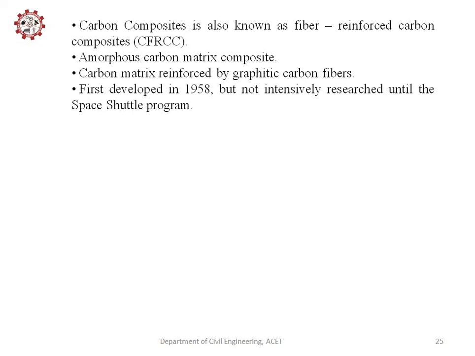Carbon composites are also known as fiber reinforced carbon composites, amorphous carbon matrix composites, carbon matrix reinforced by graphitic carbon fibers, first developed in 1958 but not intensively researched until the space shuttle program. So this was used when the space shuttle was first designed by NASA, and then these carbon composites were used extensively.